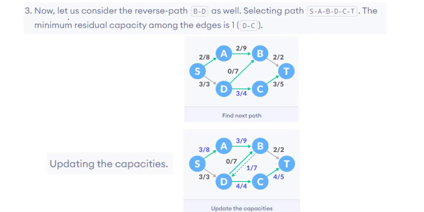Now coming to step 3, let us consider the reverse path, that is B and D as well. Selecting the path S, A, B, D, C, T, the minimum residual capacity among the edges is 1, that is for D and C. The direction of travel is going from S, A, B, D, which means we are coming back.